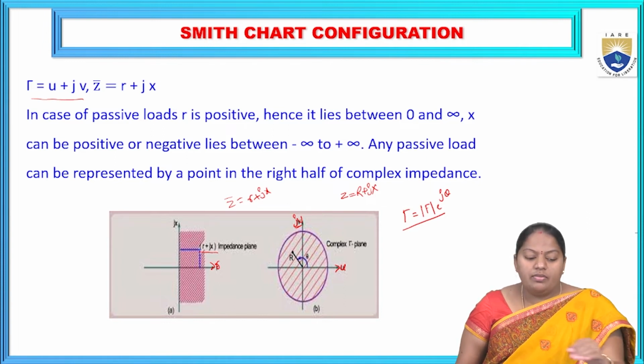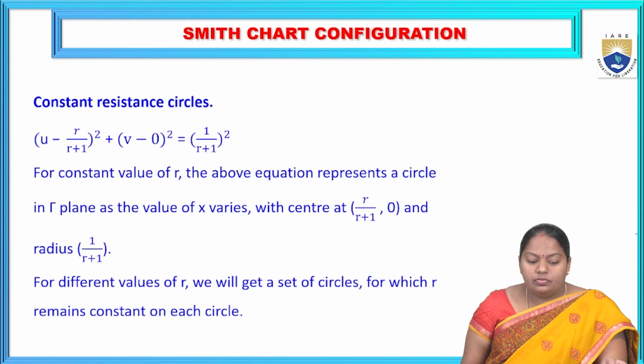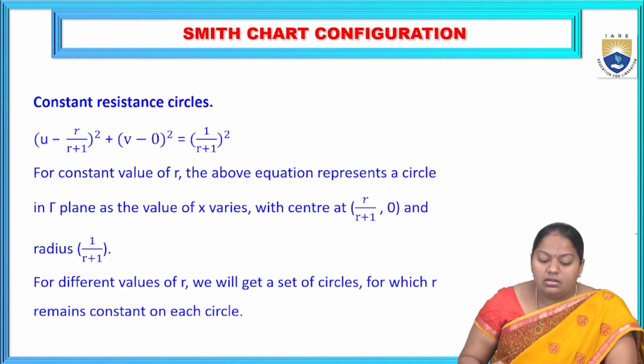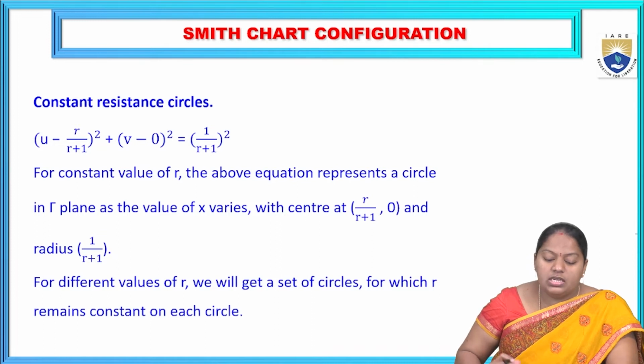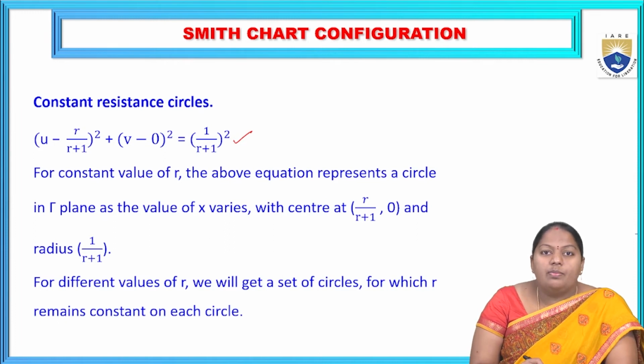So this is the general impedance and complex reflection coefficient plane. Depending upon this, we have considered the reflection coefficient gamma equal to u plus jv and the normalized impedance z bar equal to r plus jx. Now, to draw the constant resistance circles and the constant reactance circles, from part 1 we take the circle equation for the constant resistance circle, derived from the real part of the normalized impedance.